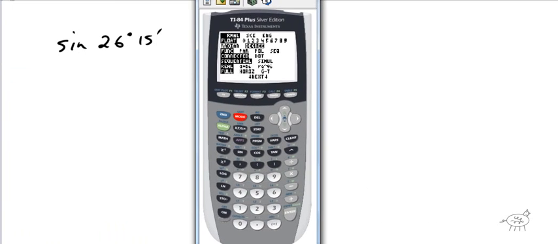Sine of 26, second apps, degrees, 15, minutes, so it's number 2. Remember, if you want to use seconds, you hit alpha plus. That gives you the second symbol. Okay, and you hit enter.